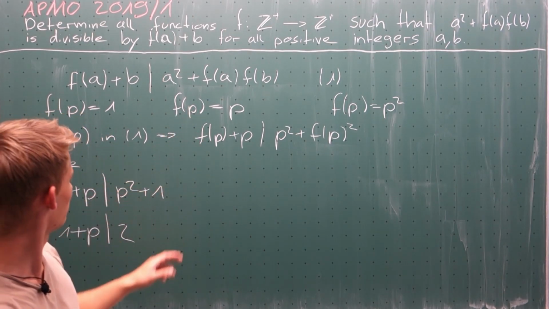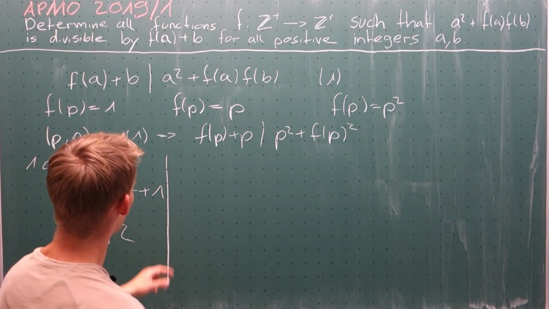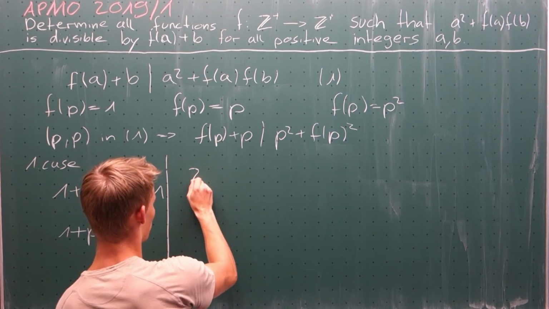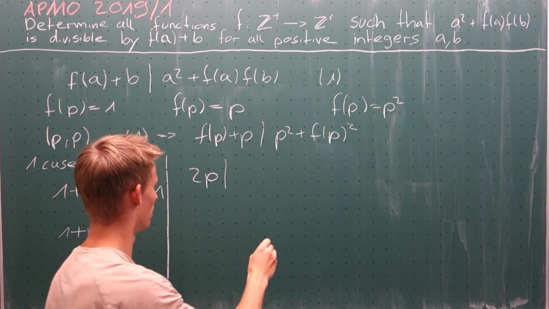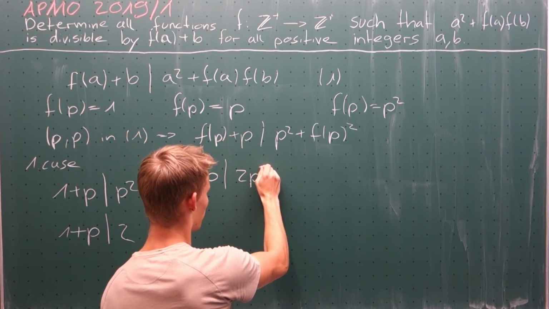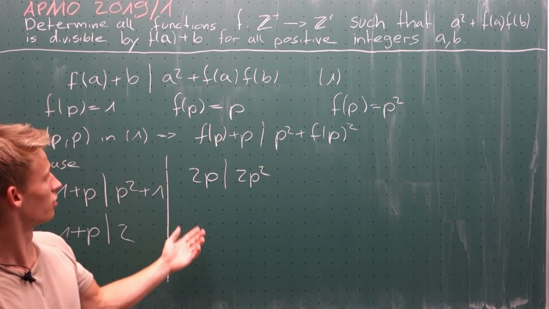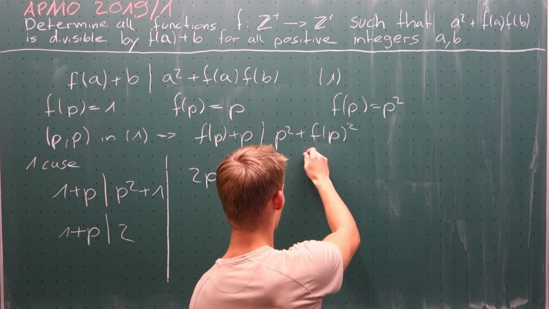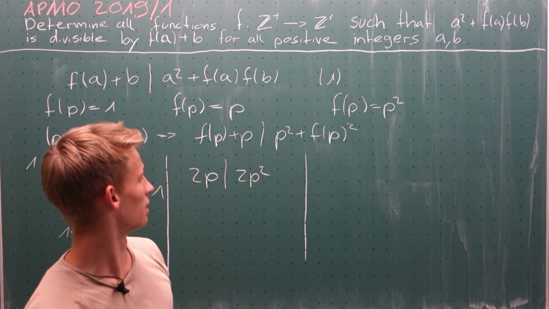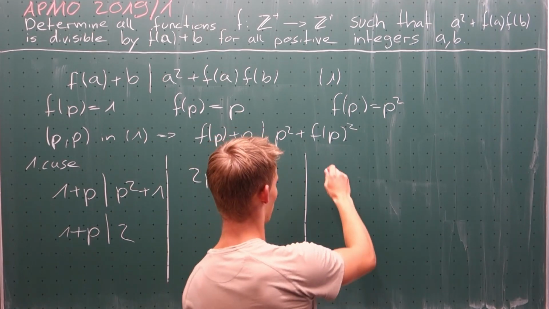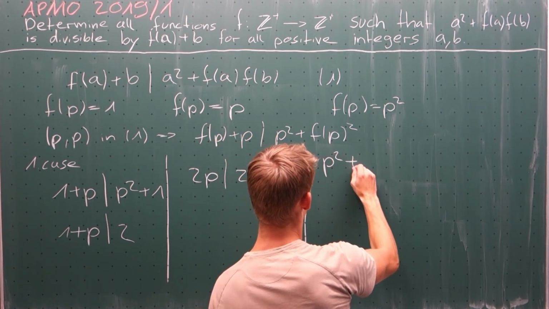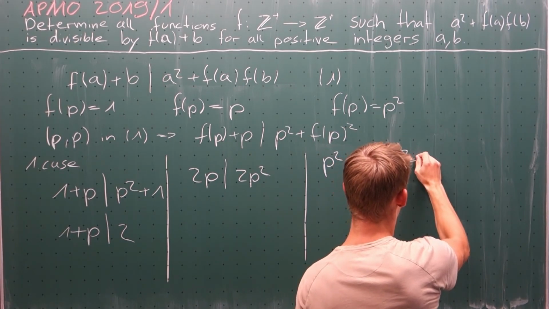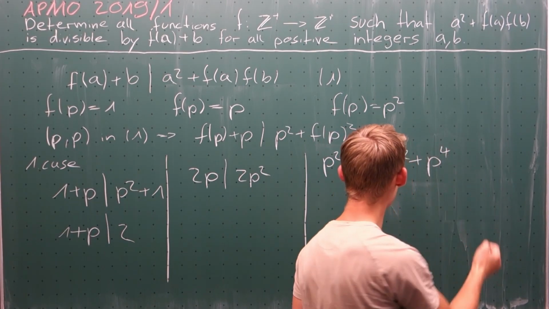Now, in our second case, f of p is equal to p. And here we have that 2 times p divides 2 times p squared. And this is possible. So this case can be true. And our last case is that f of p is equal to p squared. And here we have p squared plus p divides p squared plus p to the power of 4.